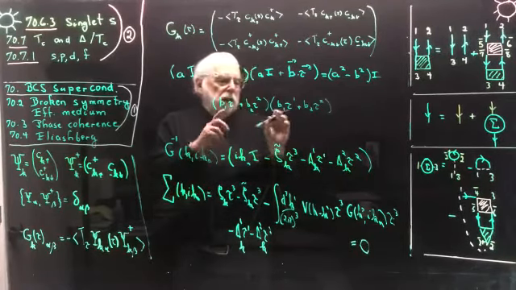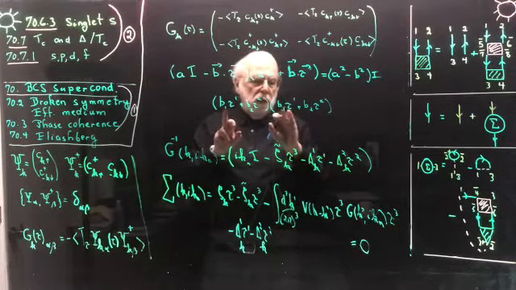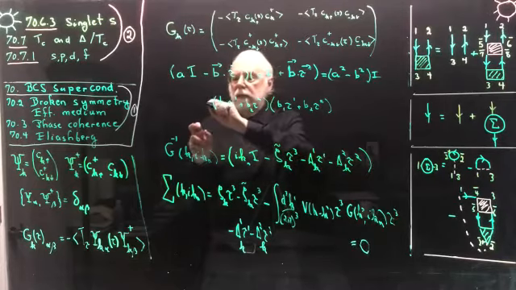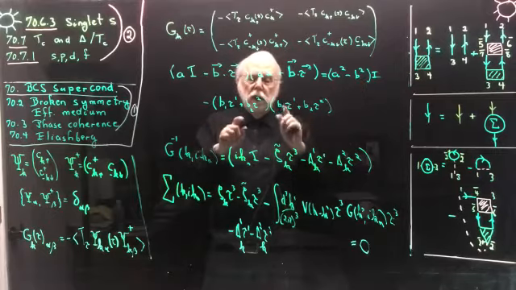Okay. The square of a Pauli matrix is the identity. So that's B1 square, and that's B2 square, and I add a minus sign here. So that gives this. Now what happens to the cross terms?